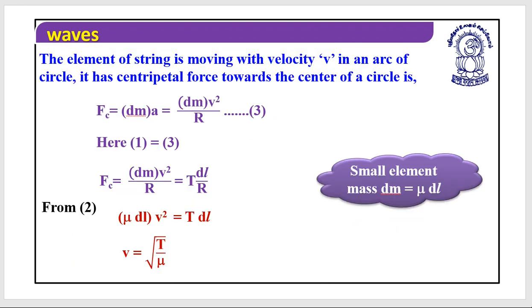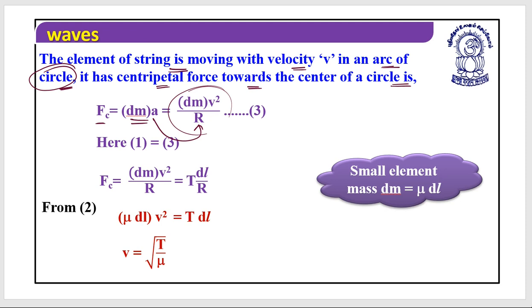So let's take the element of string that is moving with velocity v in an arc of a circle, and when it is moving in a circle, it must have a centripetal force towards the center of the circle. So this centripetal force would be equal to dm into a, and this a could be replaced by v square by r.